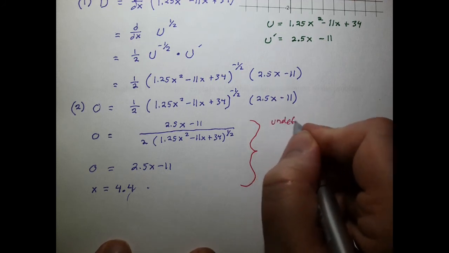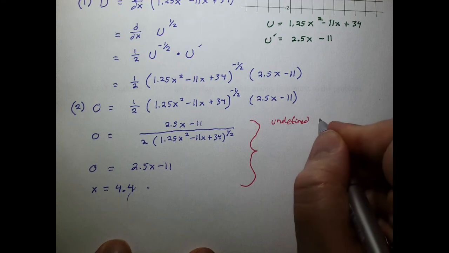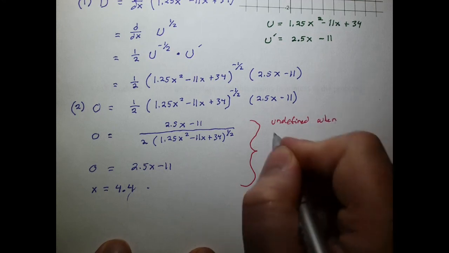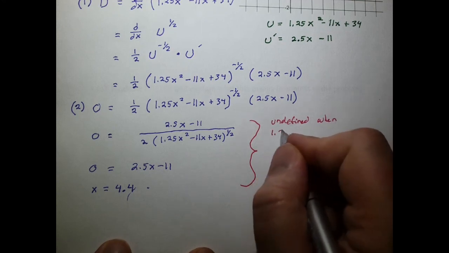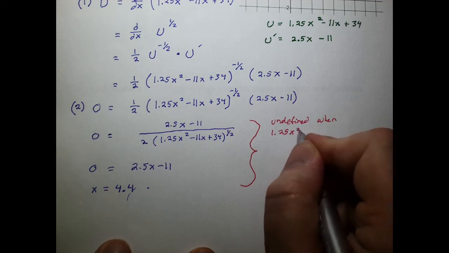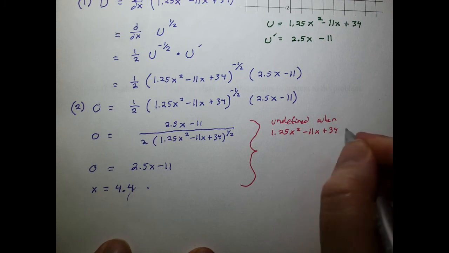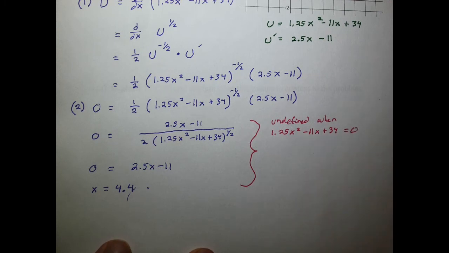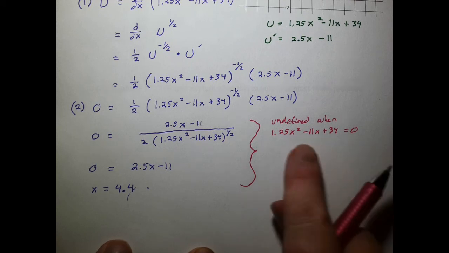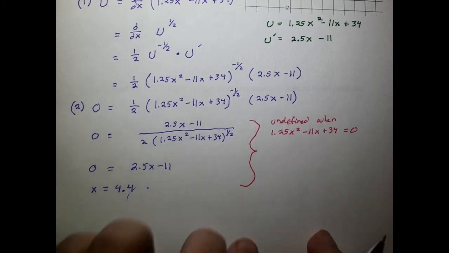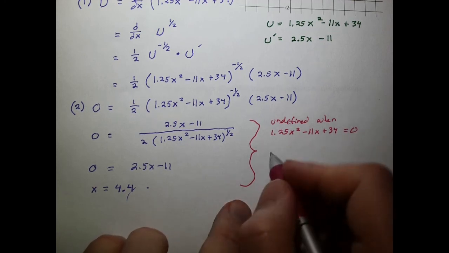So this thing is undefined when 1.25x squared minus 11x plus 34 is equal to 0. And you could pretty quickly catch that this is not going to be undefined.